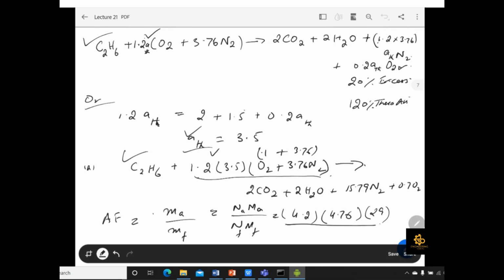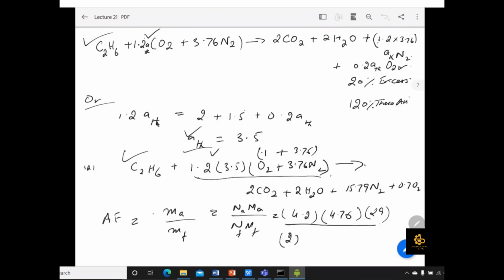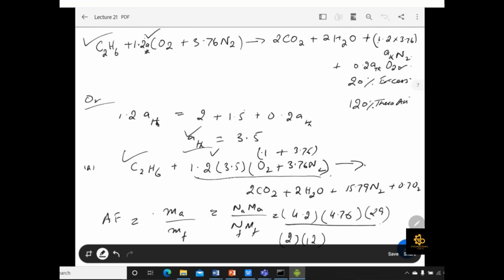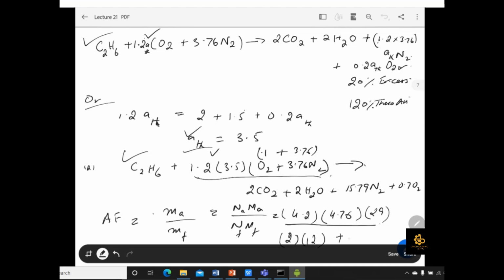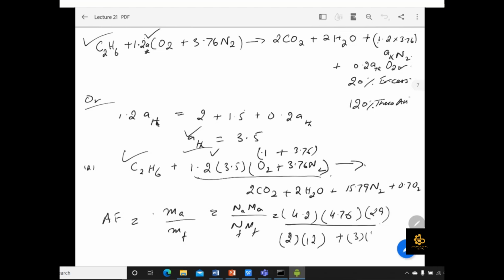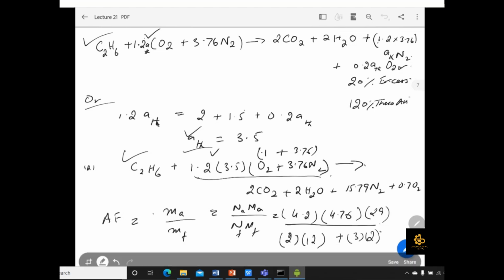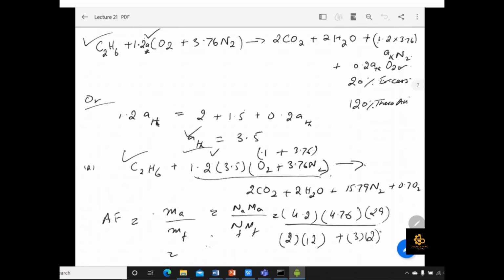Here we are talking about carbon and hydrogen. So we have 2 into 12 kg, plus we have the H2, which is 3 into 2. Now we have both values, so we can divide these two and we will get the air fuel ratio of 19.3 kilogram of air per kg of fuel.